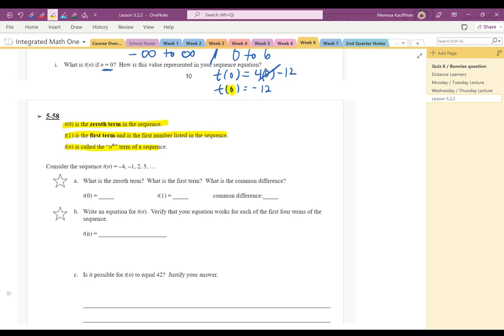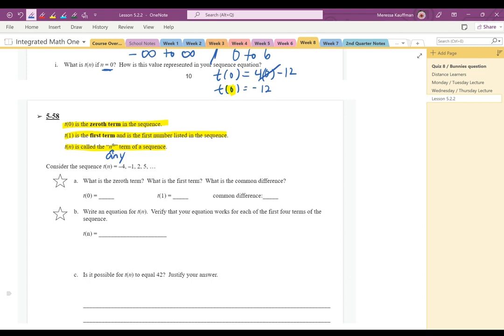And T of n is the nth term. Nth meaning any. If you want to put that little note there so you understand, this means any. It could be 1, it could be 100, it could be 55,272. It's any term in that sequence. And what's cool is you're going to learn, not tomorrow, I keep thinking about that, on Wednesday, how to find that any term, which will be interesting.